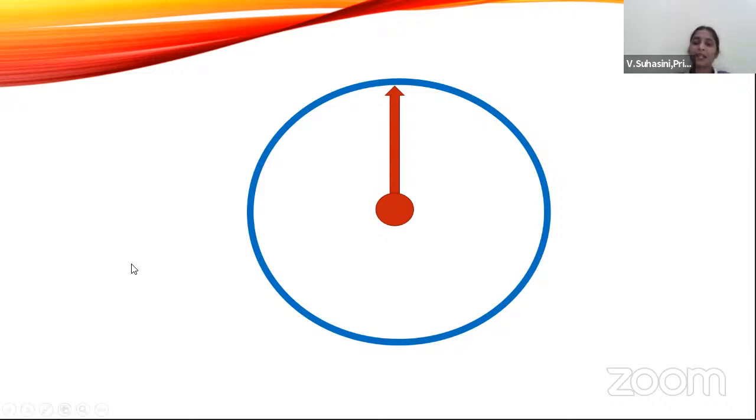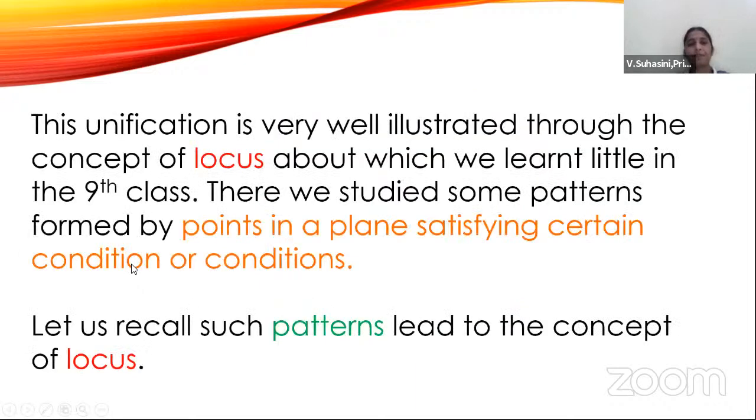Let us enter the class. This unification, that is unification of geometry and algebra, is coordinate geometry. This unification is very well illustrated through the concept of locus, about which we learned a little in class 9.